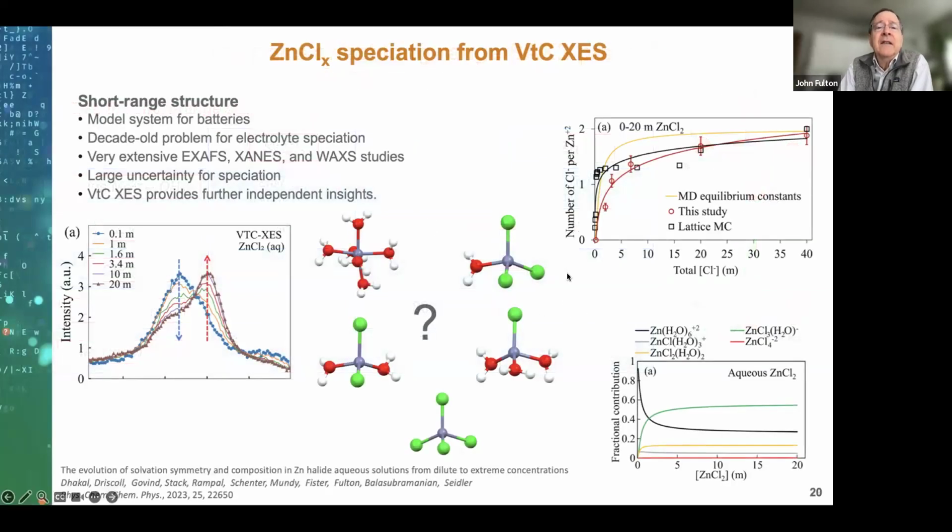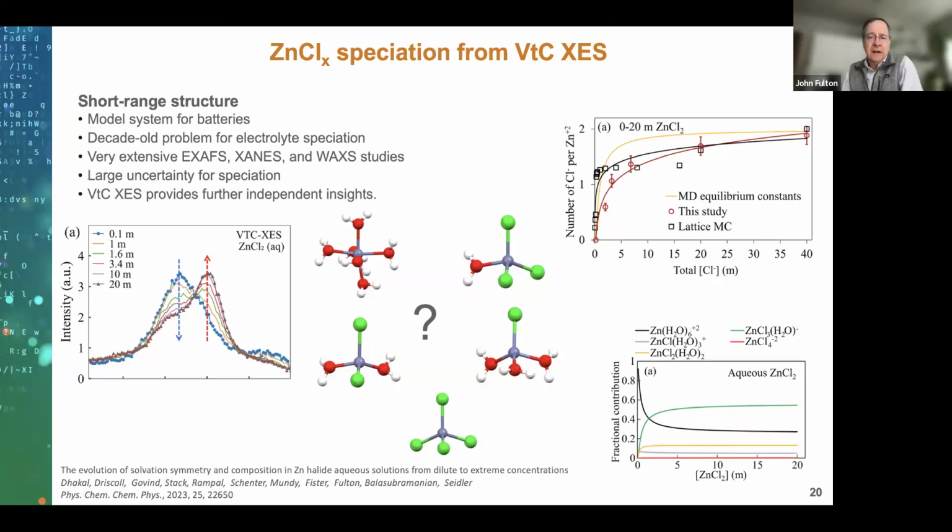In fact, zinc chloride is sort of a model system for batteries. Zinc chloride is soluble in water up to about 20 molal. And this is really a decades-old problem in understanding electrolytes, to try to deconvolute the contributions of these various species, the mono-, di-, and trichloro species in solution.